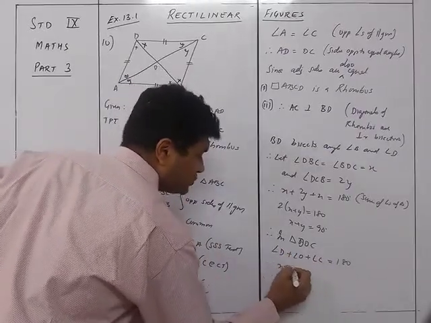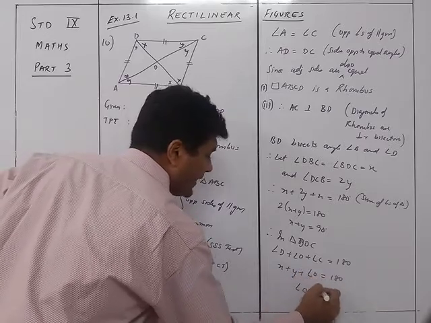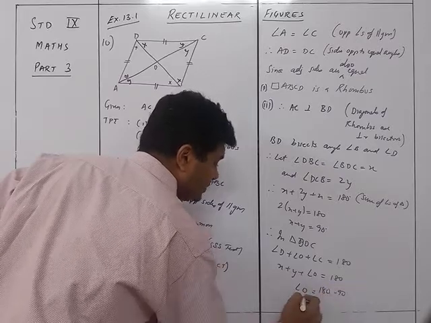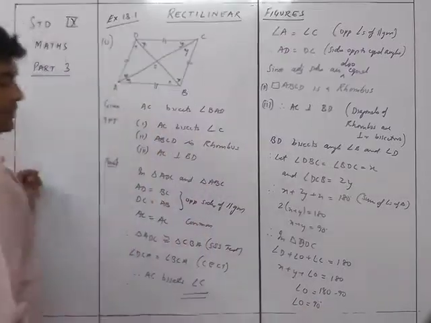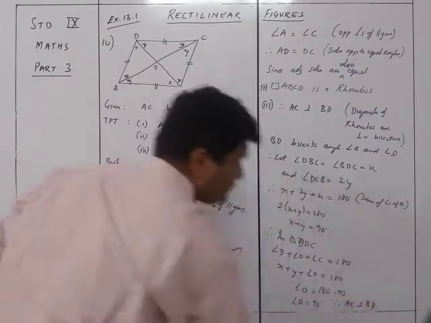So it is x plus y plus angle O is equals to 180. So angle O is equals to 180 minus 90. So therefore angle O is equals to 90 degrees. Therefore AC perpendicular to BD.